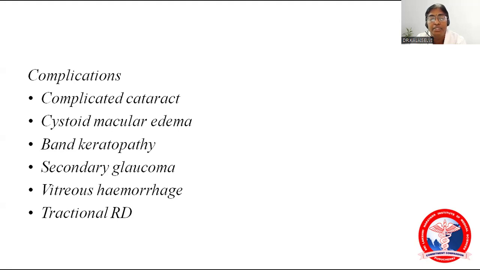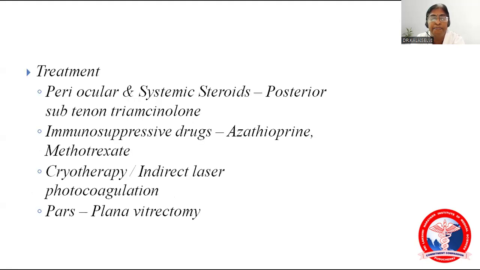There can be increased intraocular pressure leading to secondary glaucoma. Bleeding in the vitreous leads to vitreous hemorrhage, and because of the membrane formation and its contraction, tractional retinal detachment happens.